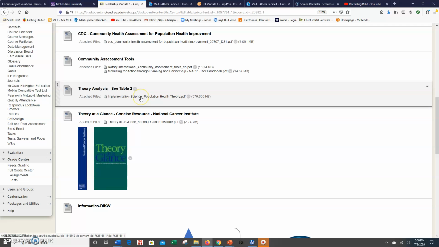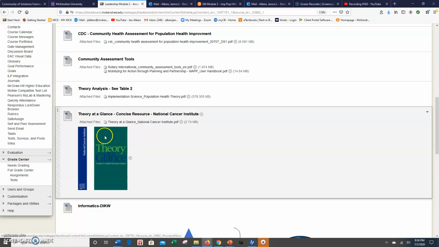This actually has just an overview of theories, and there's a table in this article that they may find to be helpful. And this is Theory at a Glance, and this is a wonderful synopsis of many of the theories focused on health promotion. And these are the most popular theories, very honestly.